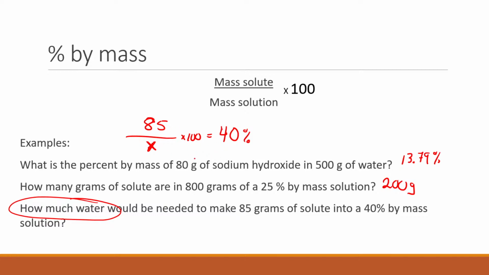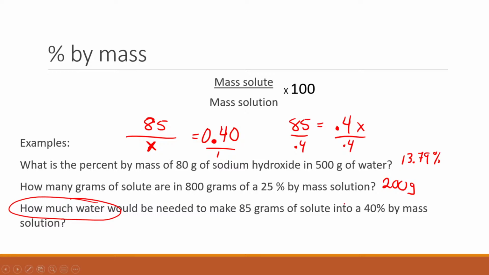And so when we go through and we solve this one, we're going to take our 100, divide both sides, get it to go away. So we get 0.4. Cross multiply. 85 equals 0.4x. Divide by 0.4 to get our 212.